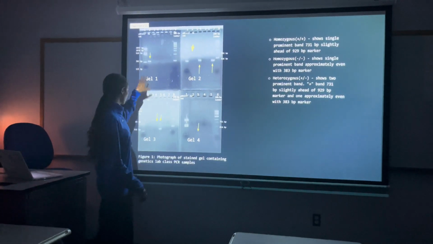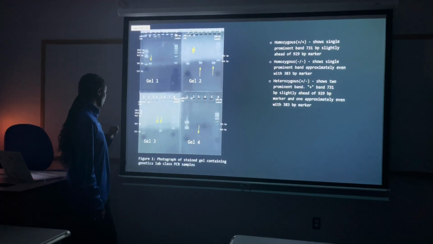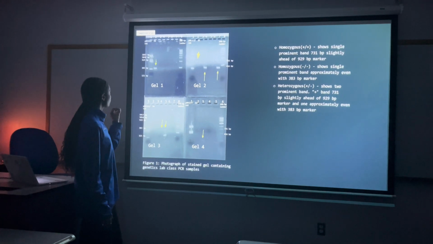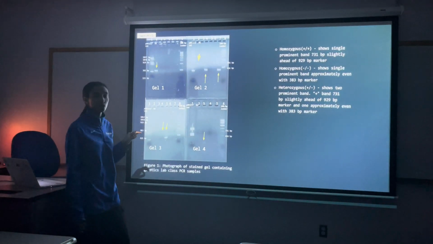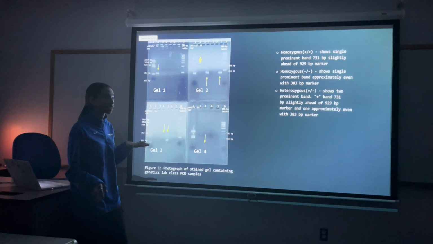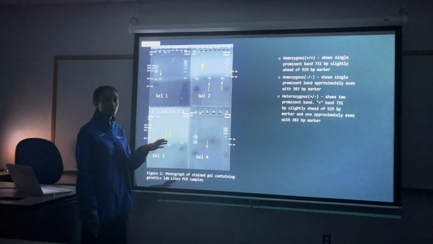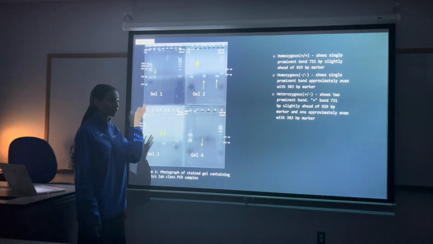Okay, so this figure shows the photograph of the same gel containing genetic lab PCR samples. Based on this, we can determine which one is homozygous dominant, which one is homozygous recessive, and which one is heterozygous. How do we know when it's homozygous dominant?